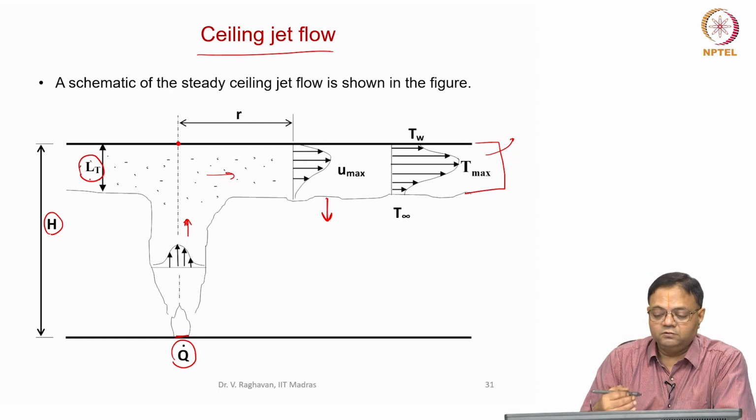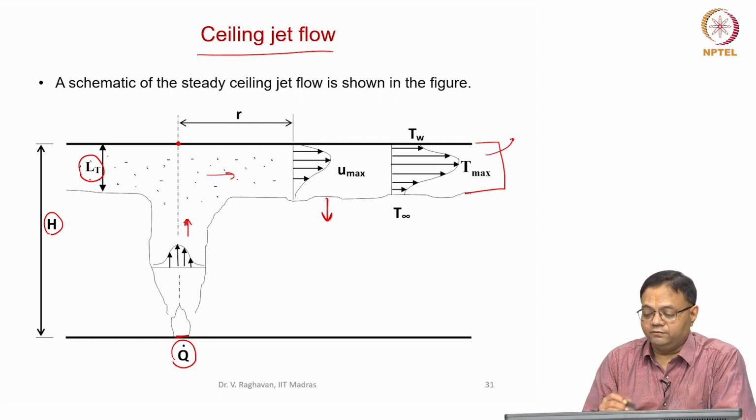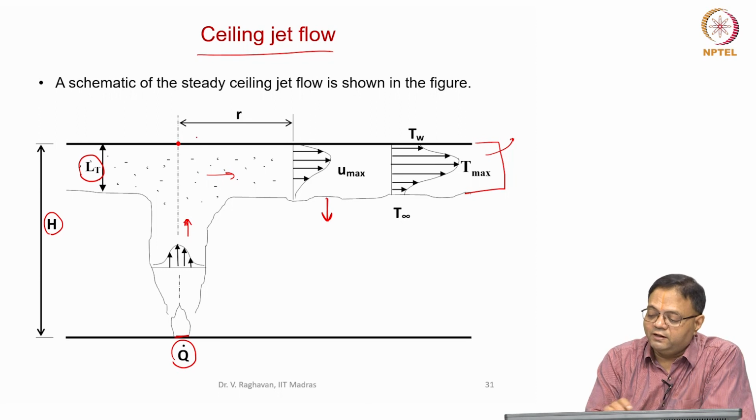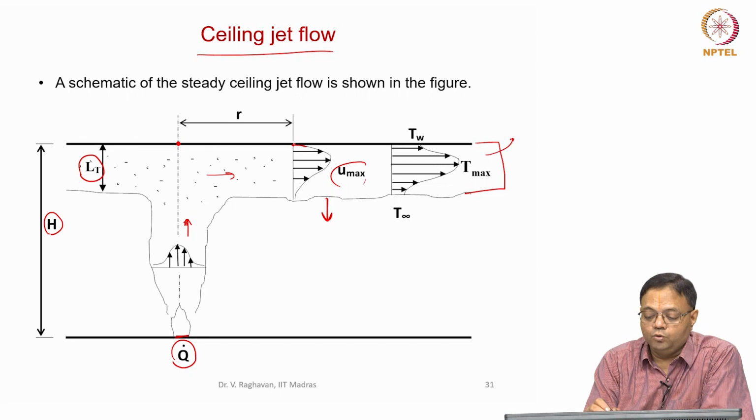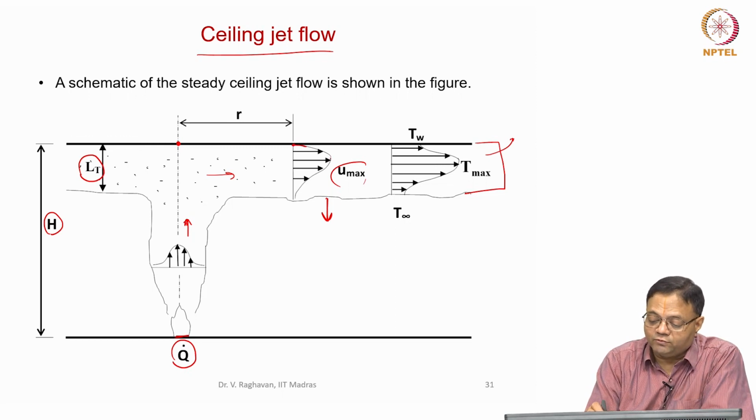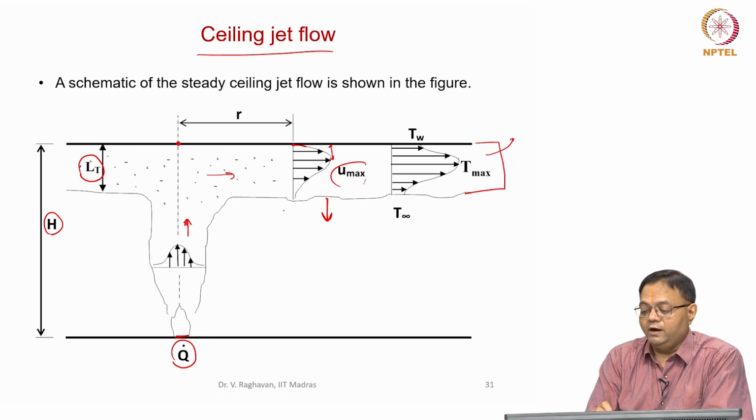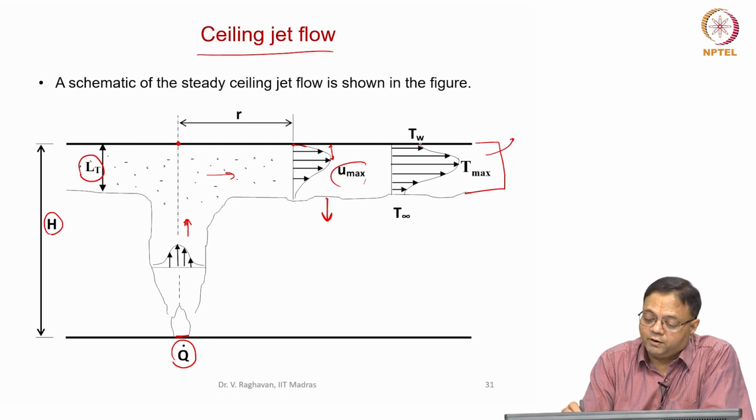can basically increase. Now within the ceiling jet, I draw the velocity profile like this. Velocity is very low, goes to 0 at the ceiling, no slip condition, and it increases to a maximum at a particular distance from the ceiling and goes again to a 0 value asymptotically at the end of the layer. Temperature is based upon the wall temperature, because the wall is being heated by this.